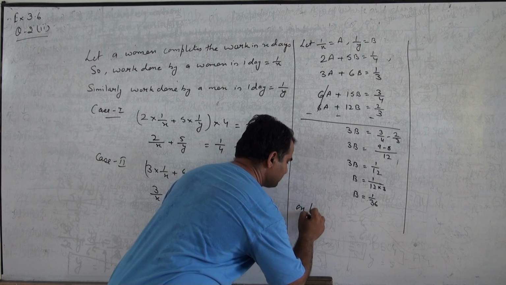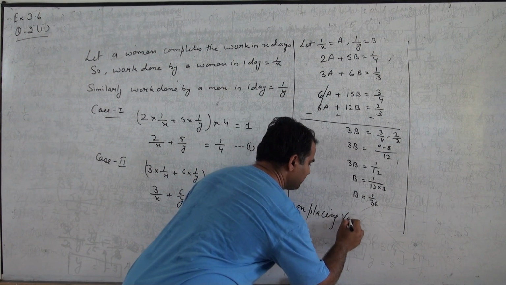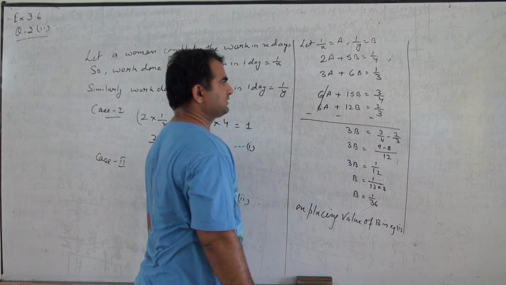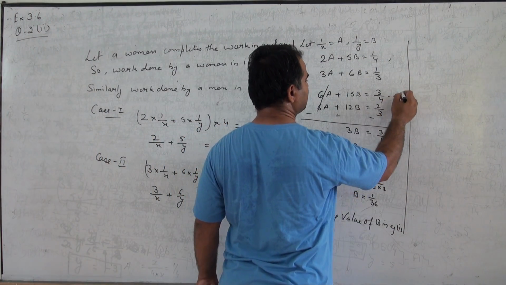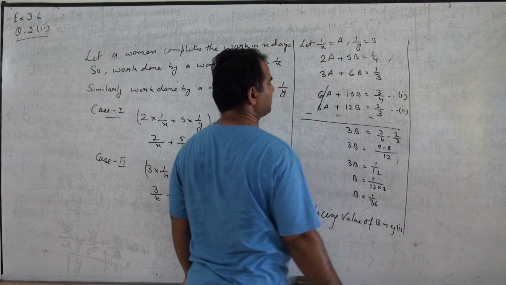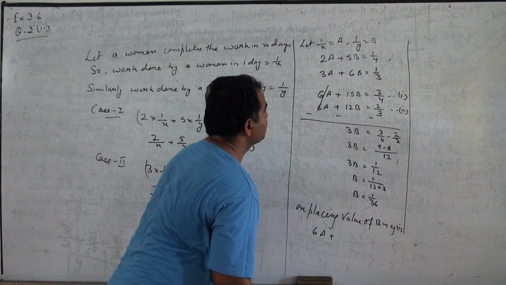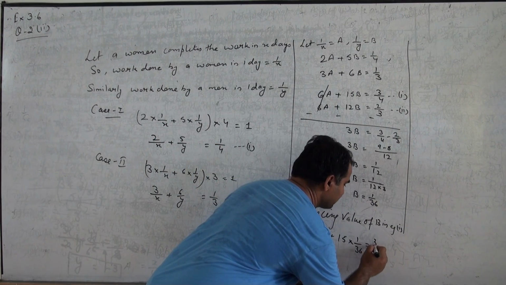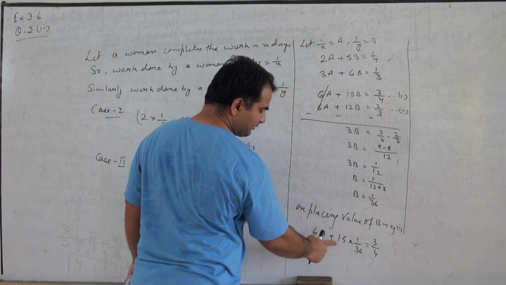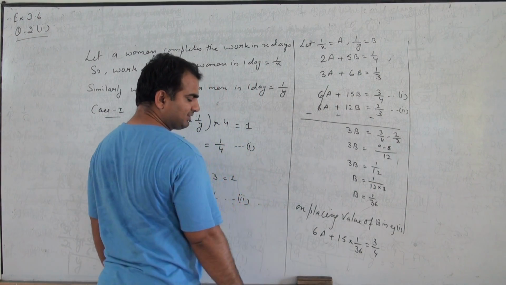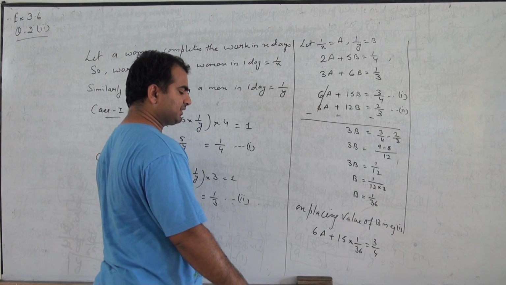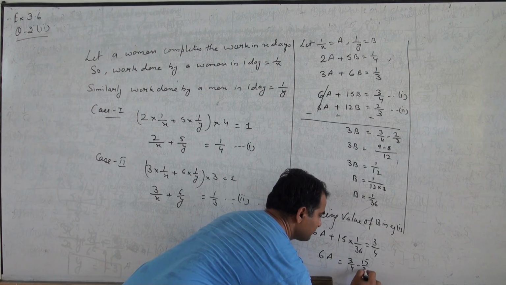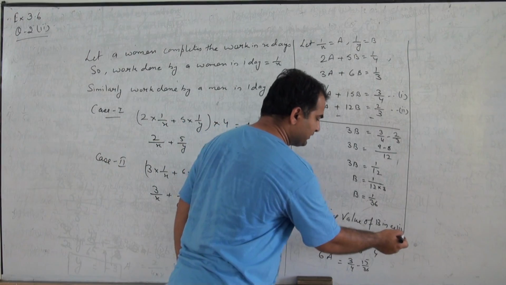On placing the value of b in equation number first, which was 6a plus 15b, 15 into 1 upon 36 equals 3 upon 4. 6a will remain on this side and 15 by 36 will go to the right hand side. 6a equals 3 upon 4 minus 15 upon 36.